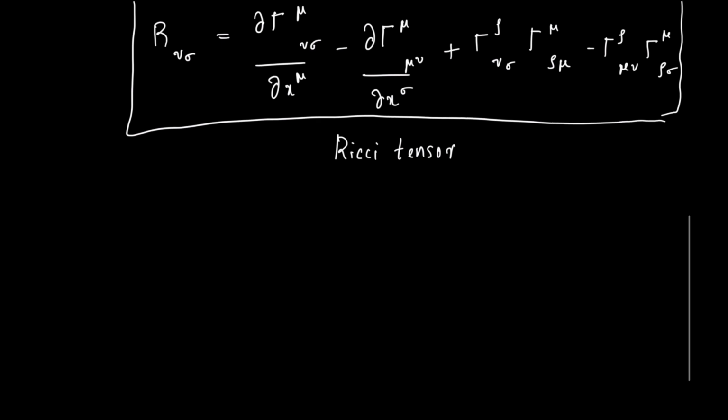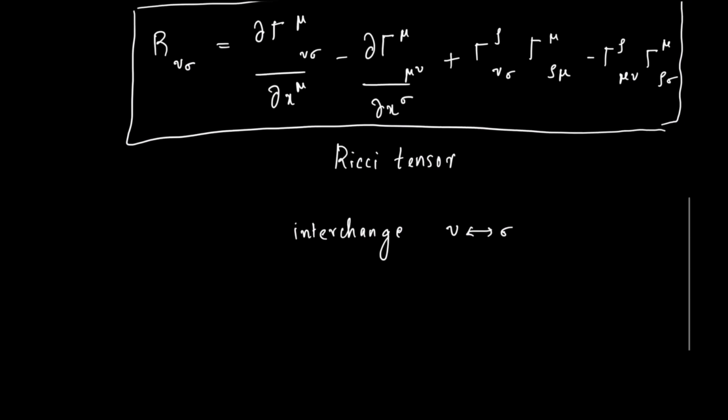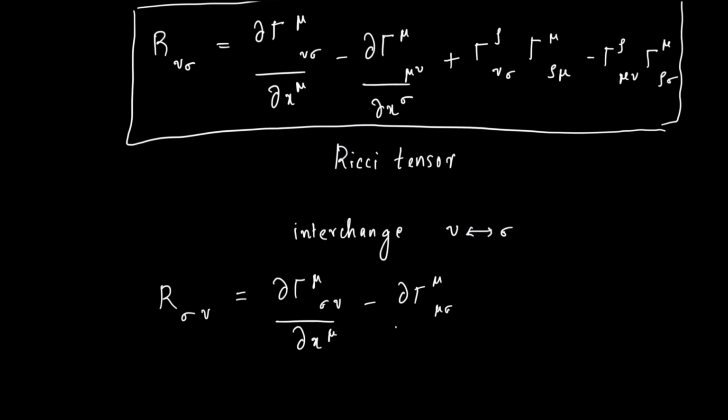For that, I have to interchange ν and σ. Here I have R_{νσ}. Next I'll write R_{σν} is equal to the partial derivative of Γ^μ_{σν} with respect to x^μ, minus the partial derivative of Γ^μ_{μσ} with respect to x^ν, plus Γ^ρ_{σν} Γ^μ_{ρμ} minus Γ^ρ_{μσ} Γ^μ_{ρν}.